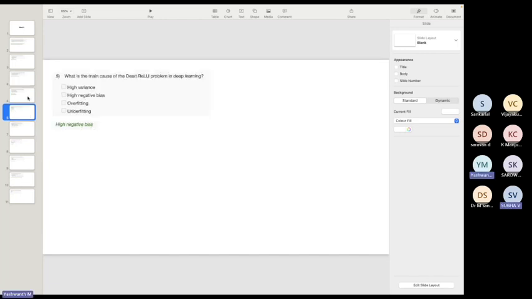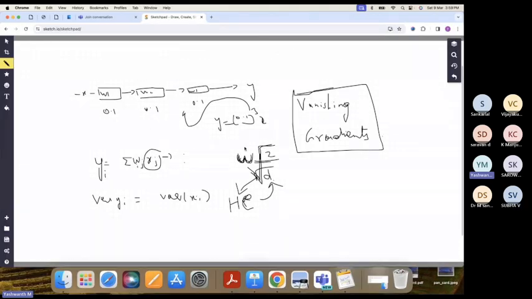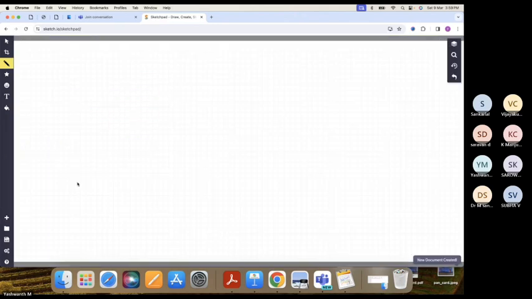What is the main cause of the dead ReLU problem in deep learning? This needs some discussion. What is the typical structure?